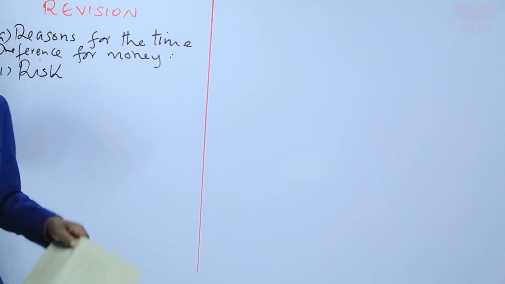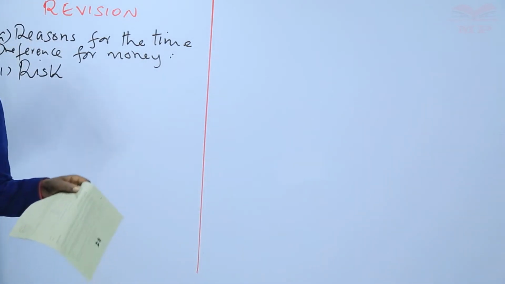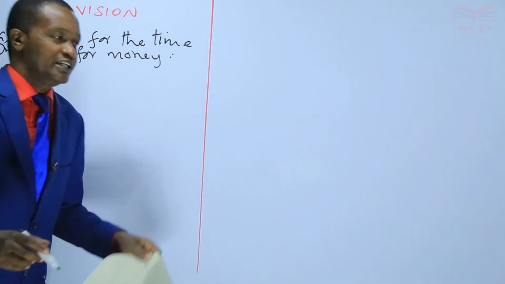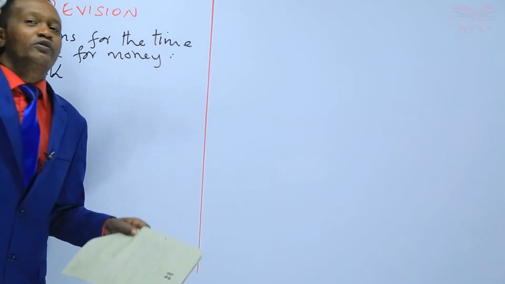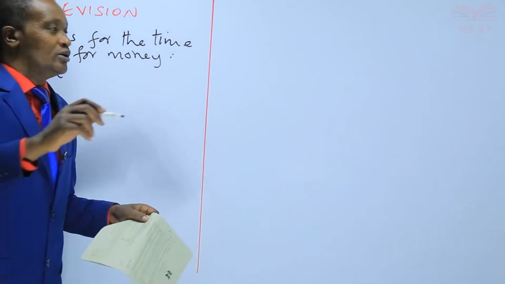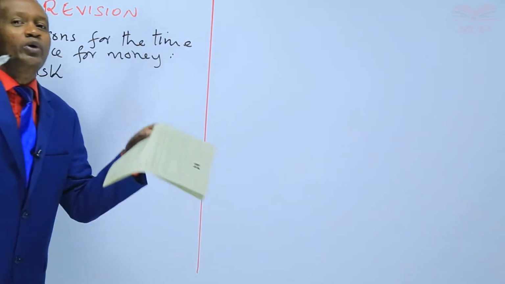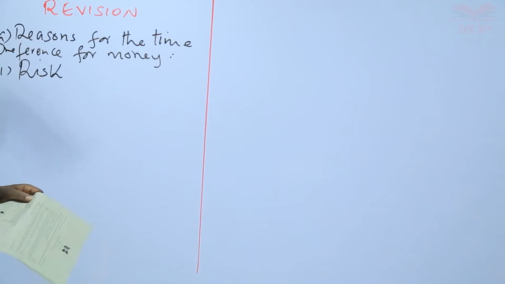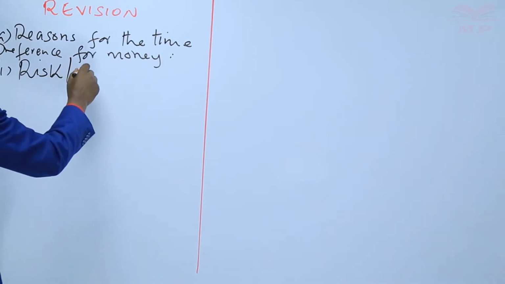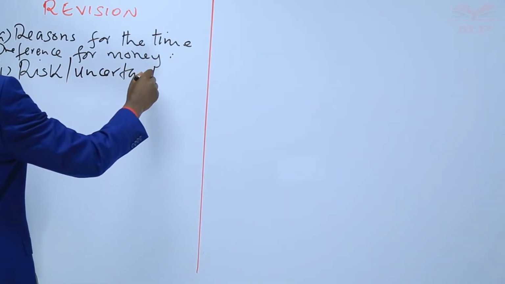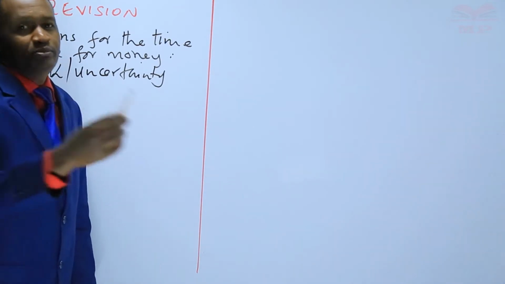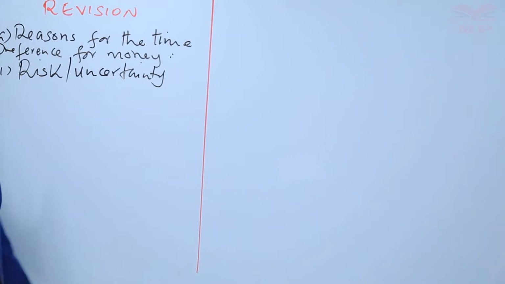Because the longer a person waits for money, the more uncertainty there will be. There is that risk or uncertainty. How certain are you that after 1 year, I'll still have the 10 million to give you? So individuals prefer to have the money today.